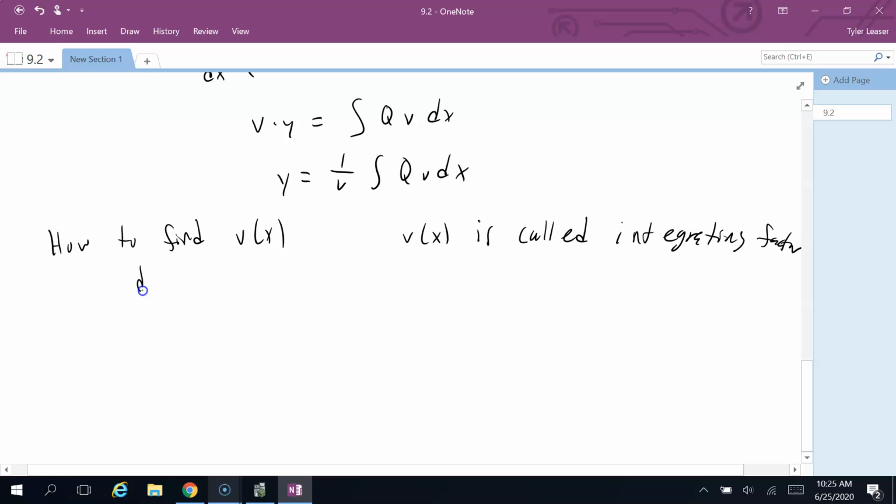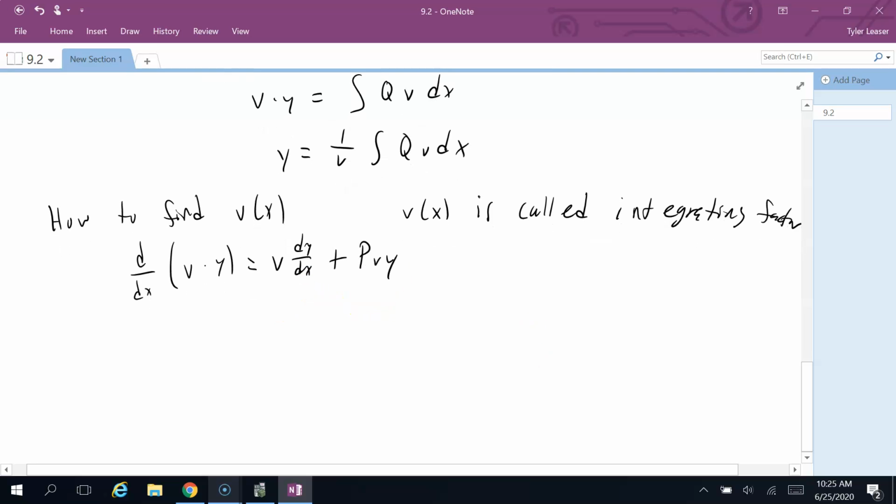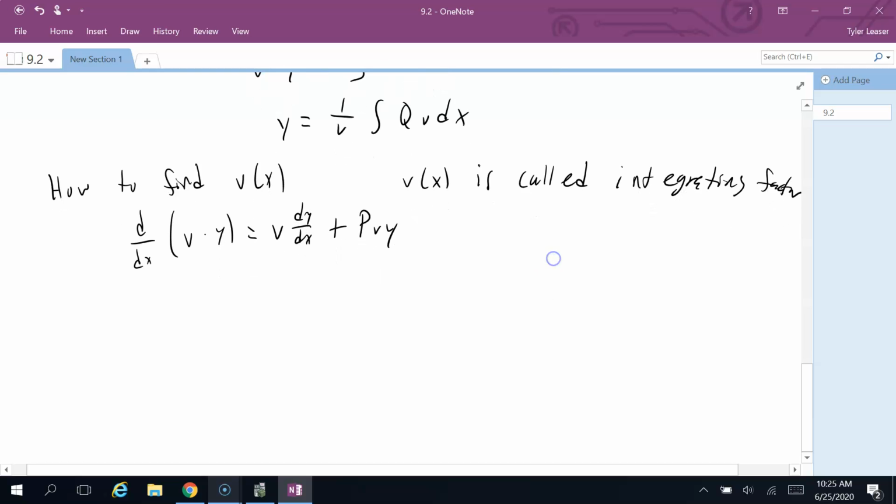What we're going to do is set the derivative of the product of v times y equal to what we want it to equal, which is v times the derivative of y, plus p v y. This is the left-hand side of the differential equation after we multiply it by v. We could rewrite this left-hand side as the derivative of a product, so we'll write that as the first times the derivative of the second plus the second times the derivative of the first, still equal to this over here.